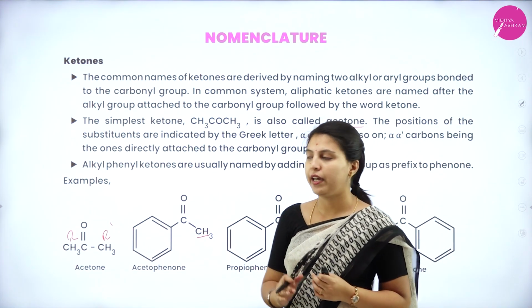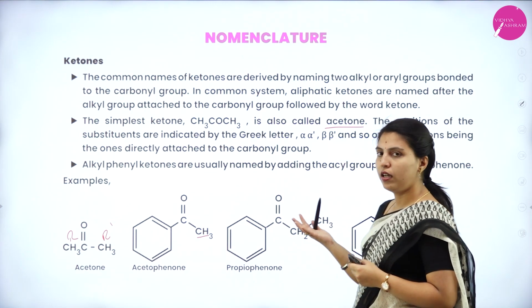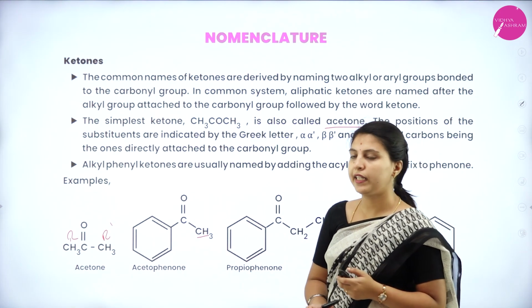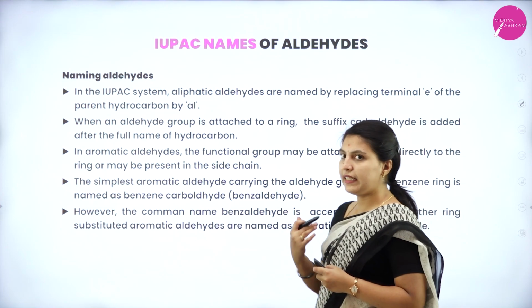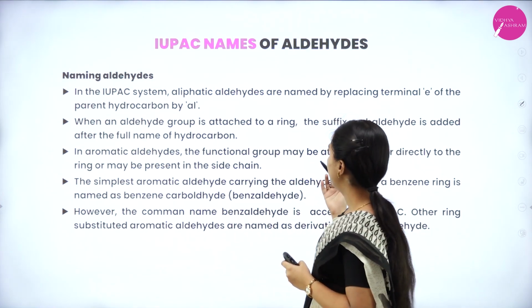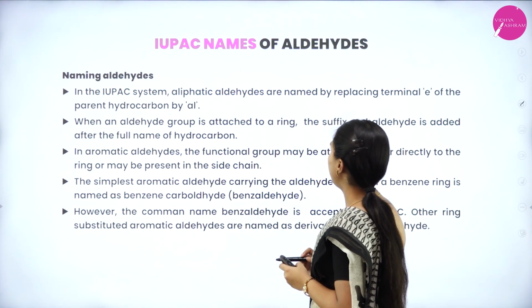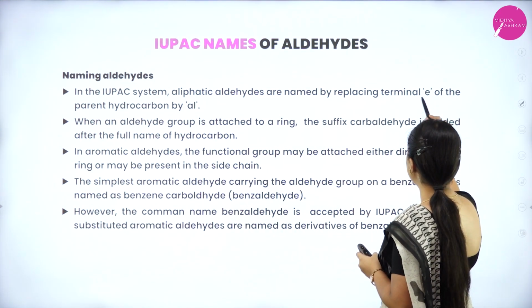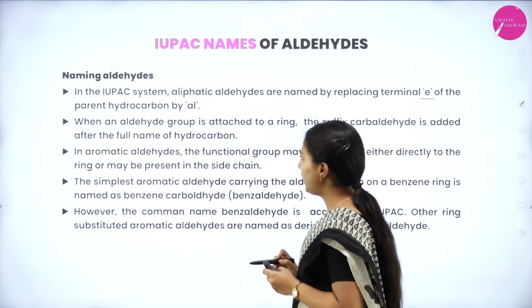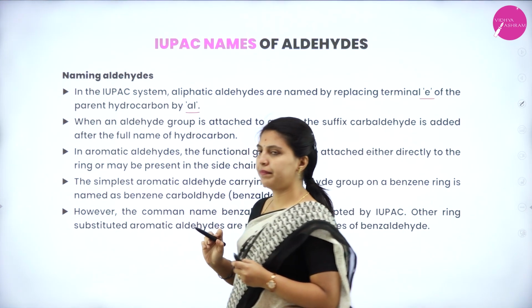How it will be written in the perspective of aldehydes and ketones? Now we will see the IUPAC naming of aldehydes. In IUPAC naming, aliphatic aldehydes are named by replacing the terminal e of the parent hydrocarbon by al.